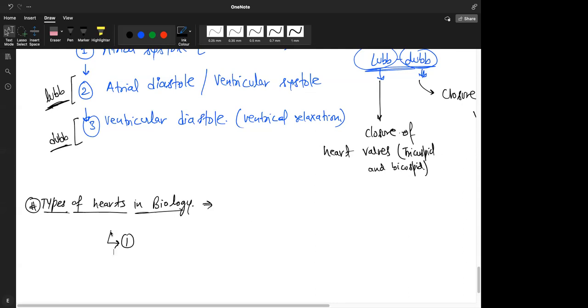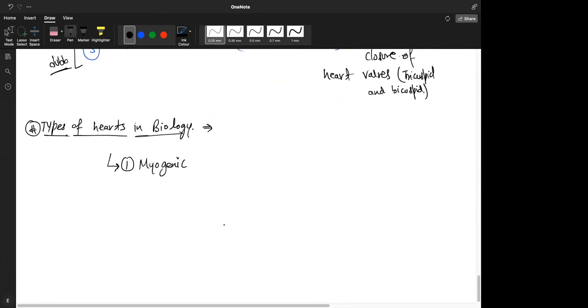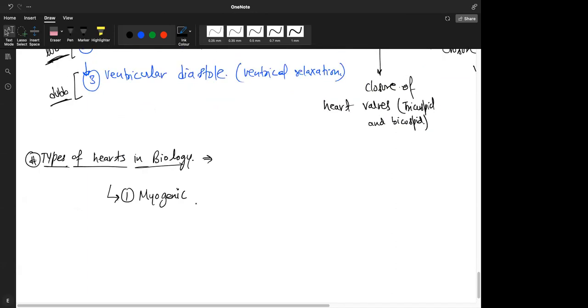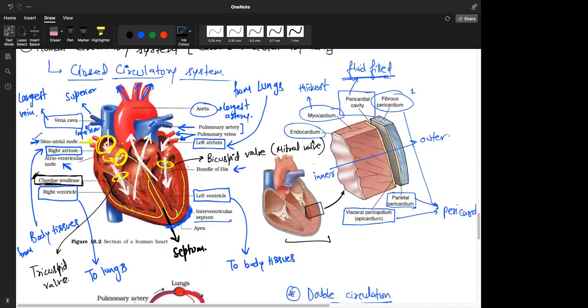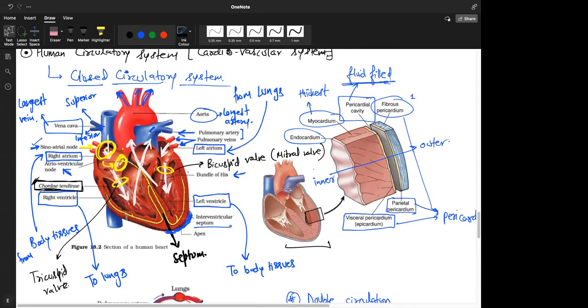And also there is no blood. So even if you take all the blood out, the heart can still continue to beat for the time till it has its own reserves. Correct? So this type of heart is called a myogenic heart. Myo means only one thing in biology: myocardium, muscle.